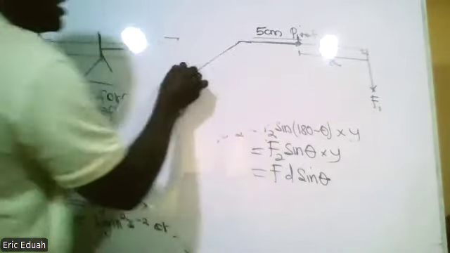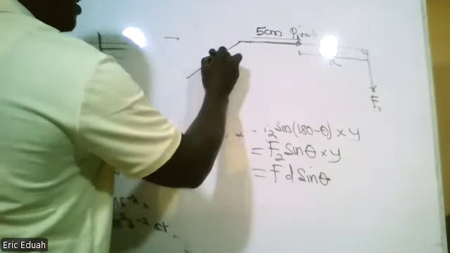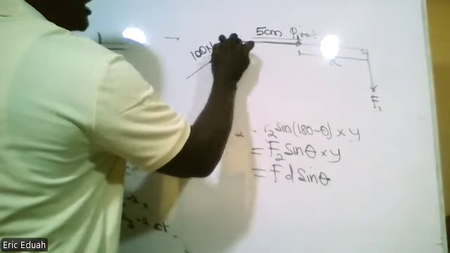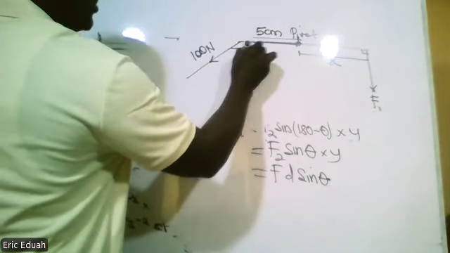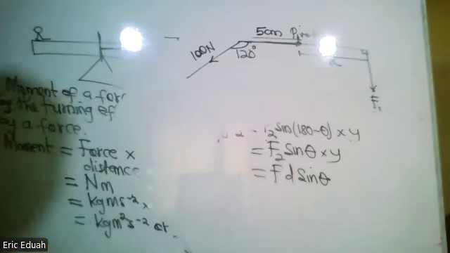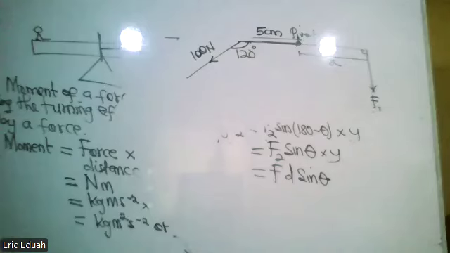The force of 100 Newton acts at an angle of 120 degrees from the pivot. Calculate the turning effect produced by this force. I want you to try using the idea illustrated. Calculate the turning effect produced by this force.